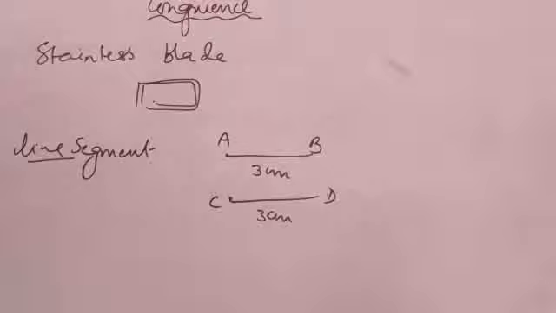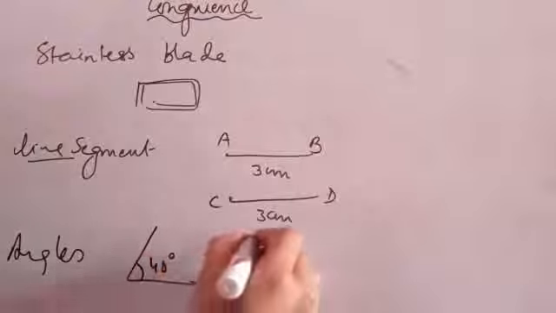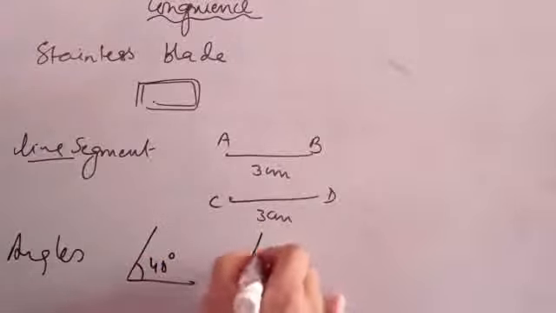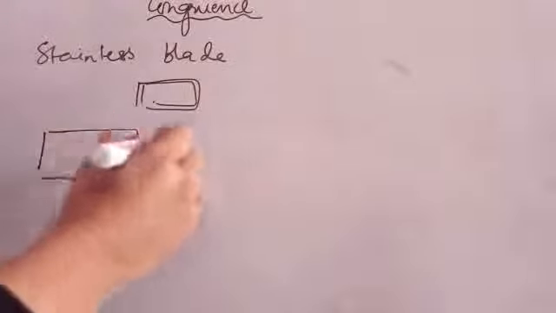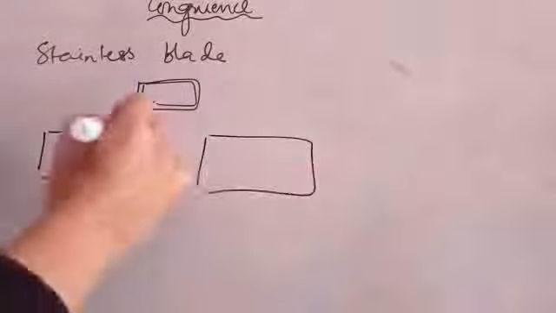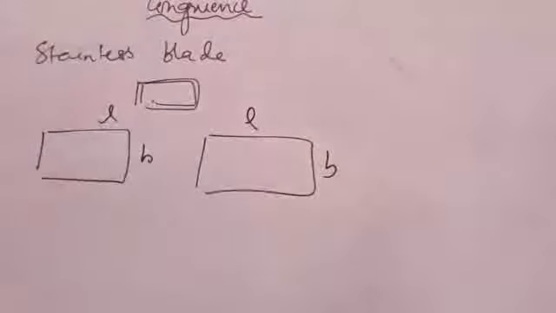Let us talk about two angles. Suppose this is an angle of 40 degrees and this is again an angle of 40 degrees. When you keep them over one another, they are going to overlap. So for angles to be congruent, they should have the same degree measure. If we talk about a rectangle, their length and breadth should match, then only they are going to overlap each other.